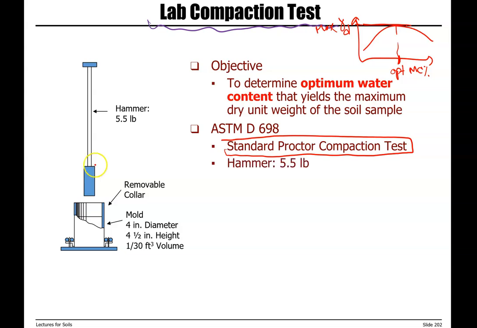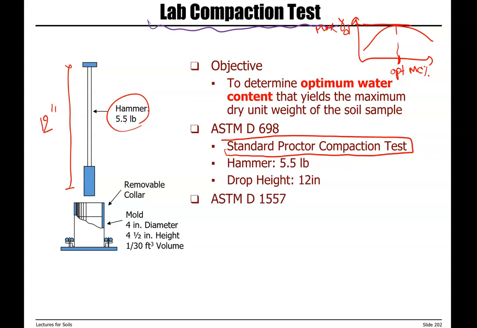So the test has a hammer. The weight of the hammer is 5.5 and the drop height is 12 inches. Then we have a mold, an extension for our mold.